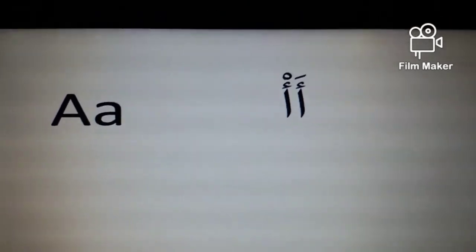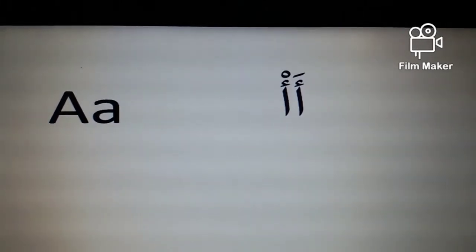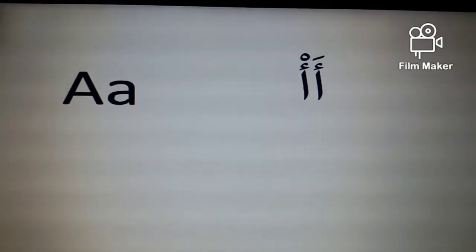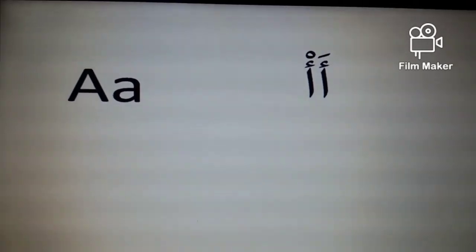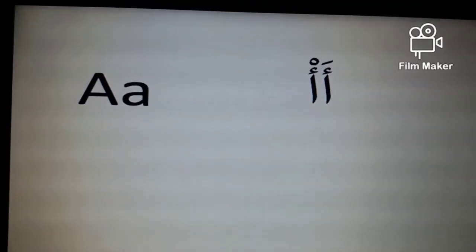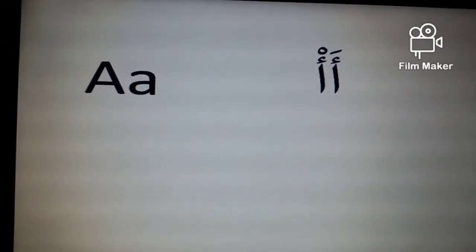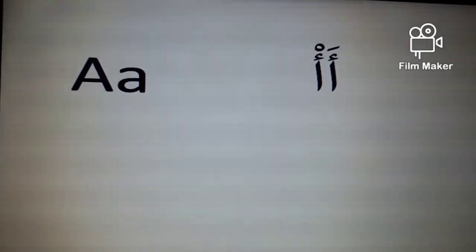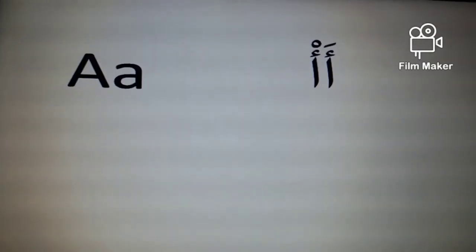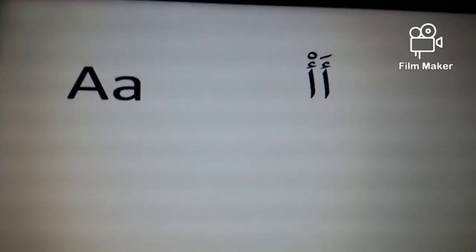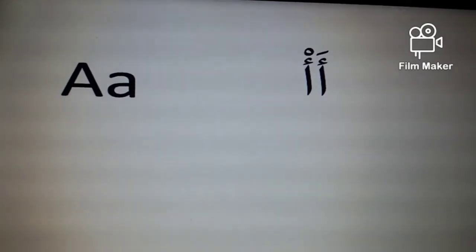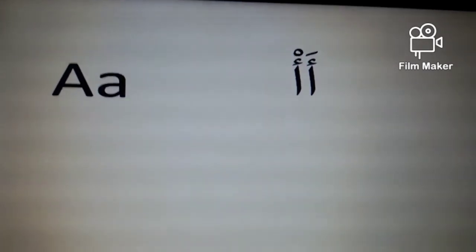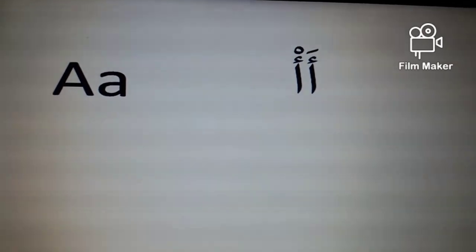So when it is preceded by a second letter, let's say it's alif with a sukoon over it, the pronunciation of the alif with a sukoon is a. So when we pronounce these two letters together, it becomes like that, a. Can you see? A.